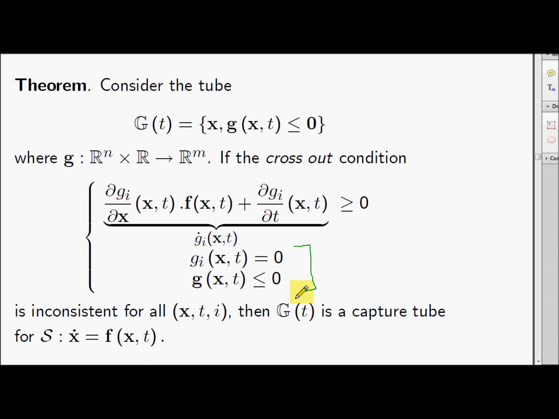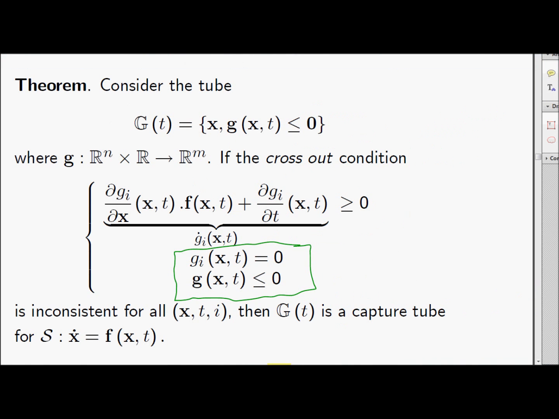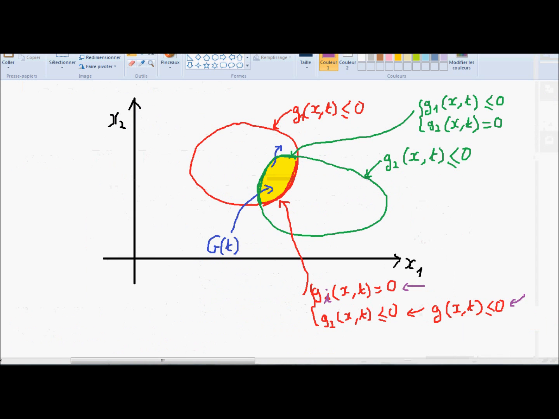Now, I also want to go from inside to outside, so it means J dot should go from negative to positive. So when I want to go from negative to positive, it means that J dot is positive.